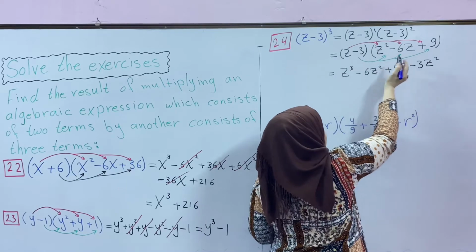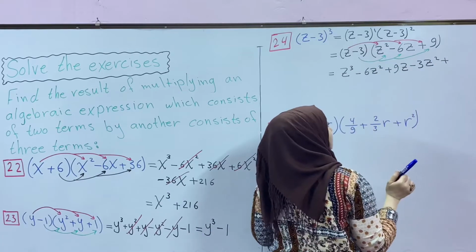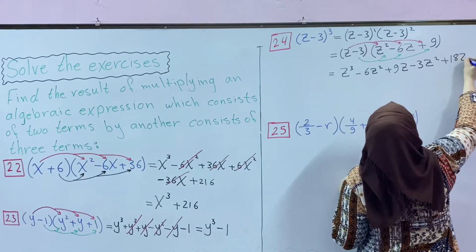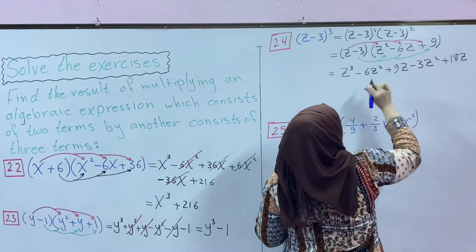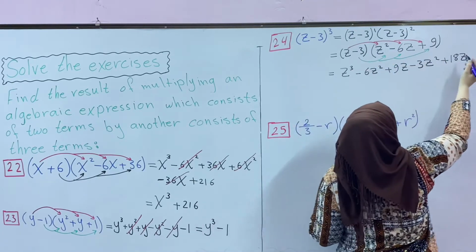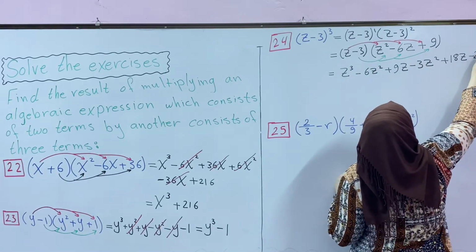Negative multiplied by negative is positive, 3 multiplied by 6z will be 18z. And now we will go to the last term, negative multiplied by positive is negative, 3 multiplied by 9 is 27.